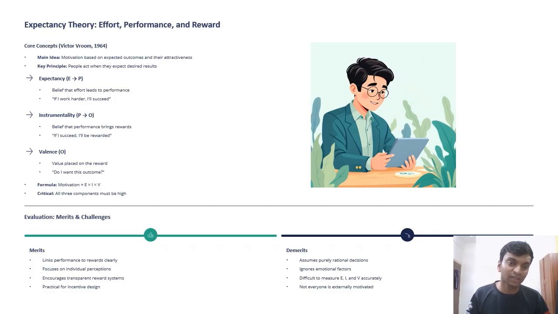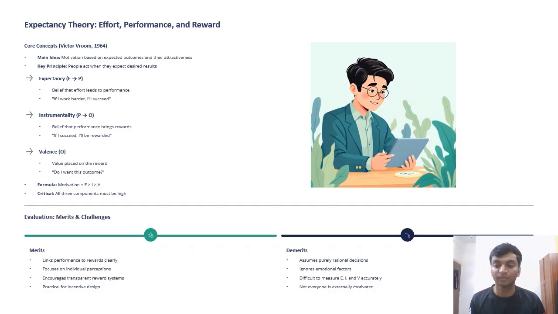Expectancy theory: effort, performance, and reward. The main idea here is that motivation is based on expected outcomes and their attractiveness. This theory says that employees will only be motivated to work when they know that a certain outcome would be there if they put effort in.